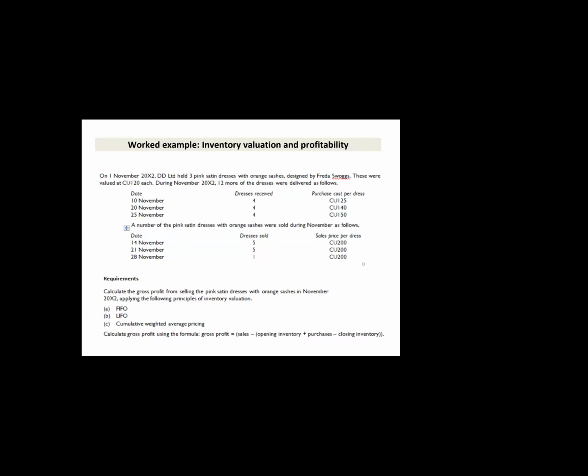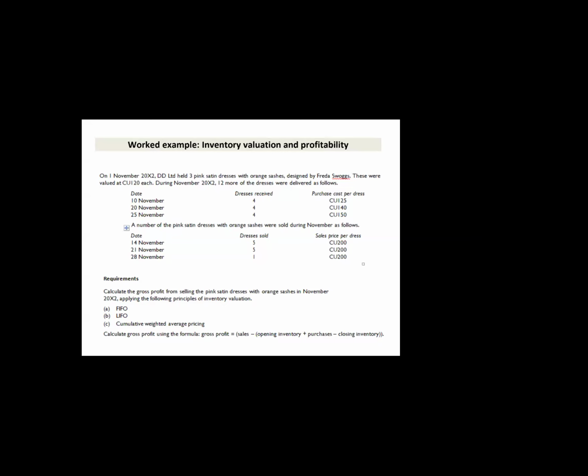So 125 into 2 is 250, and 140 into 3 is 420. 420 plus 250 is 670.